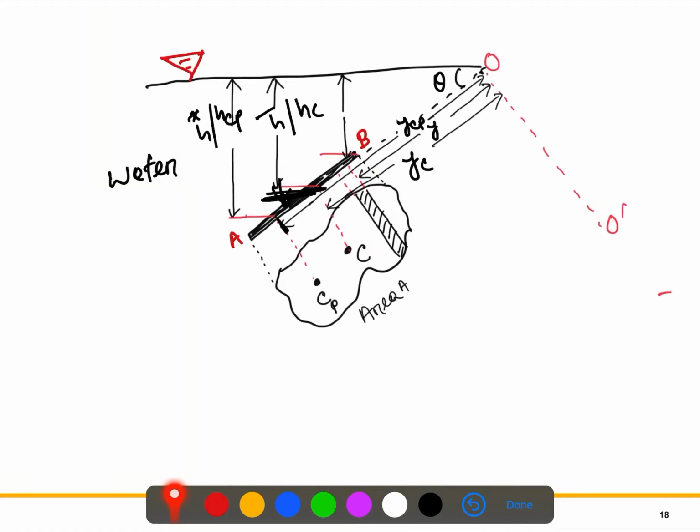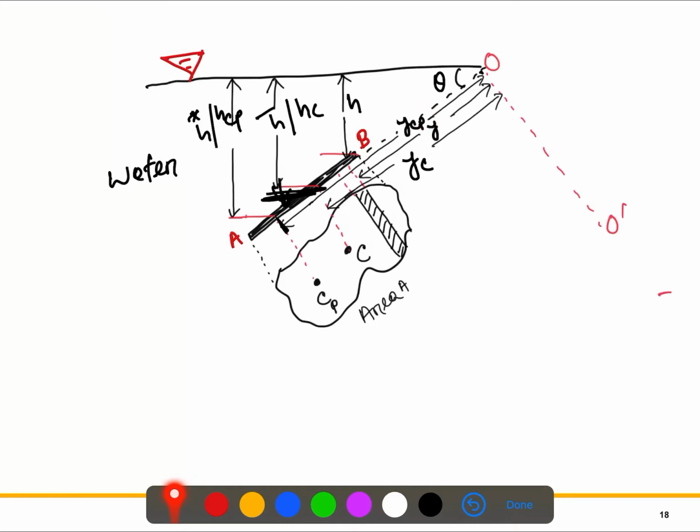I'm using similar notation: for the centroid I'm using y_C. For this distance, where we previously used h, from here to here we say only y. And for the center of pressure we said h_CP, here we say y_CP.